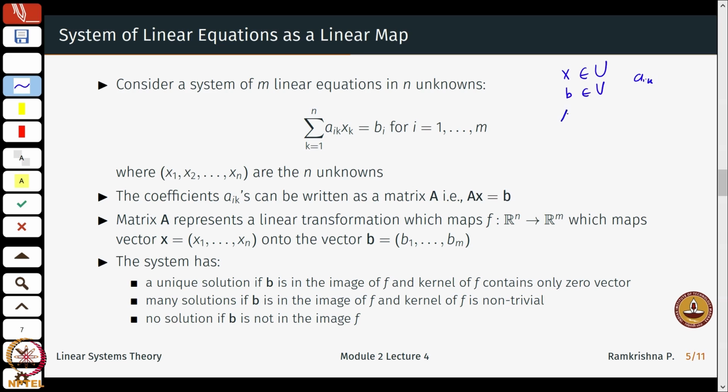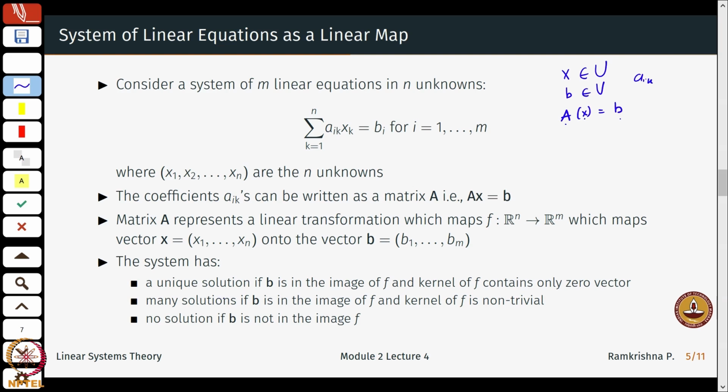If I denote it as a transformation, A of x will give me this number b, and solving a system of linear equations would mean, does there exist x which under this transformation gives me the number b? Okay, what can we say about the solutions of this?